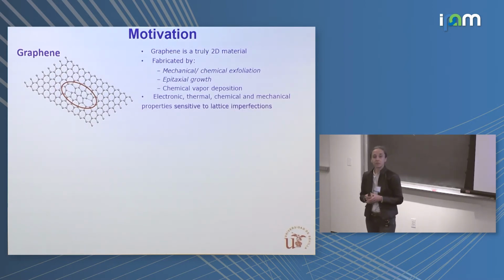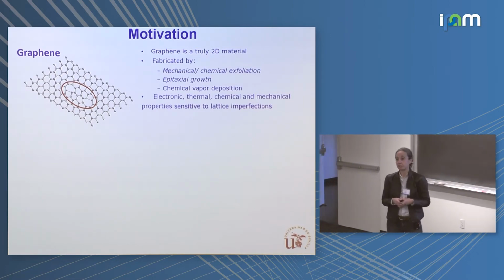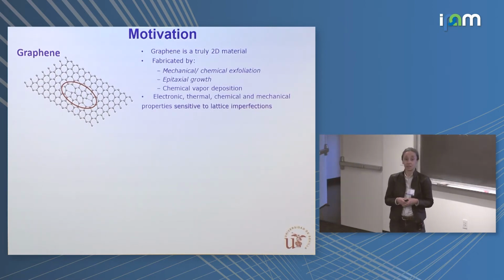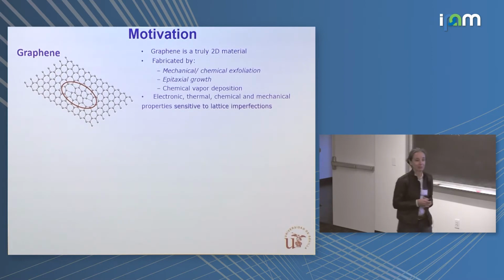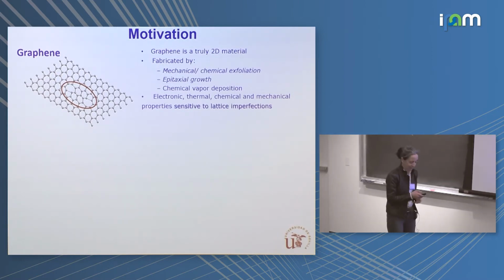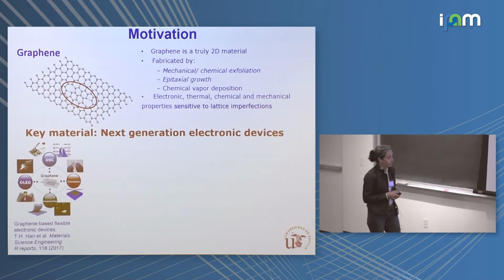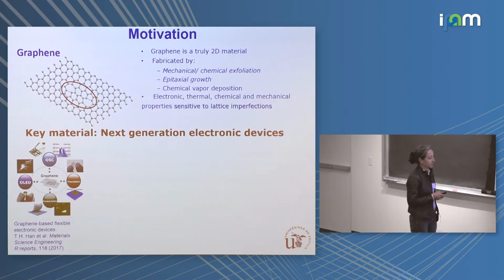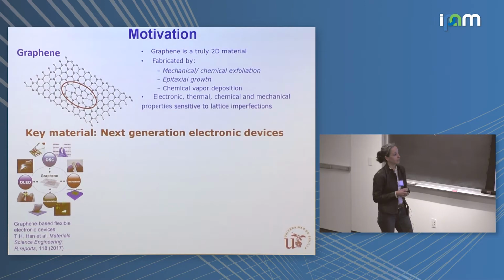I forgot to mention, I'm a mechanical engineer by training and also by heart, so you will see it. Everything is defects related. Graphene turned out to be a key material for the next generation of electronic devices.